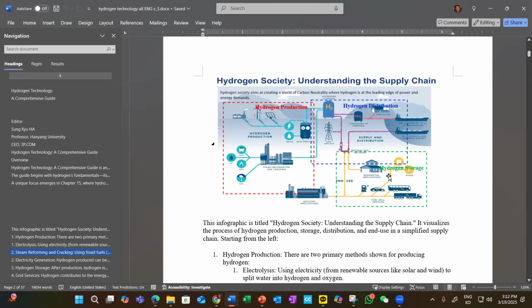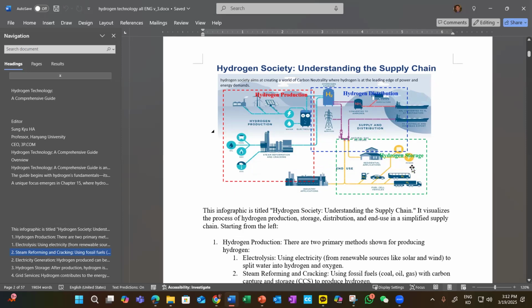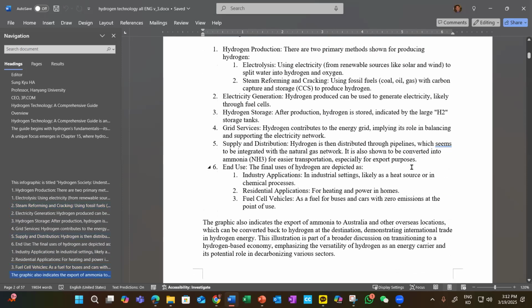So in this stage, we certainly need hydrogen storage. And of course, at the end, we need a fuel cell to generate electricity from hydrogen gas. So: production, distribution, storage, and generating electricity.